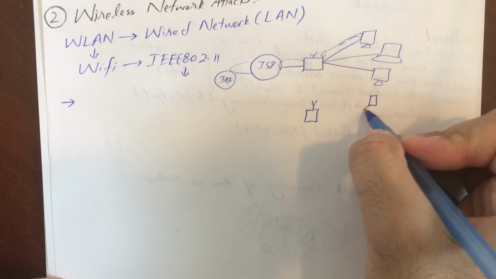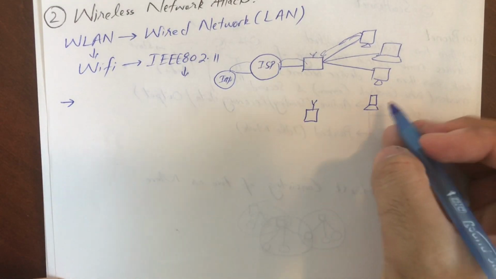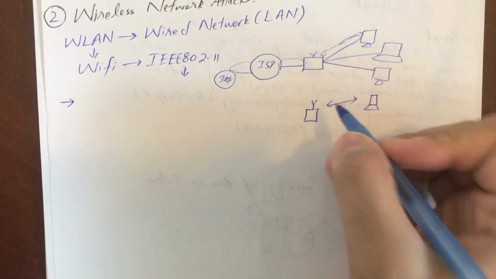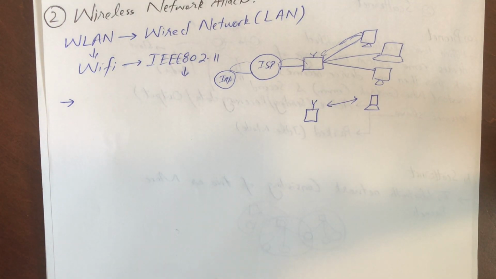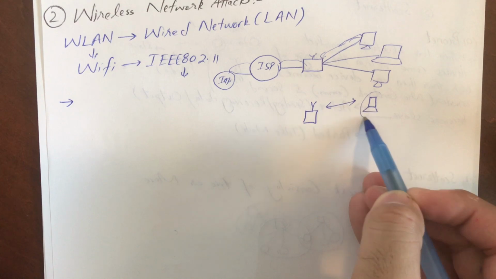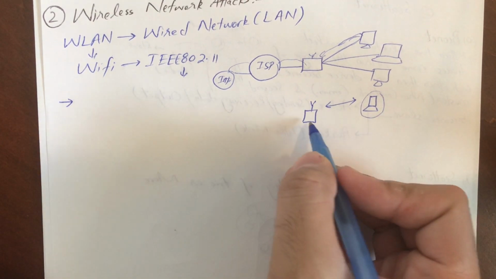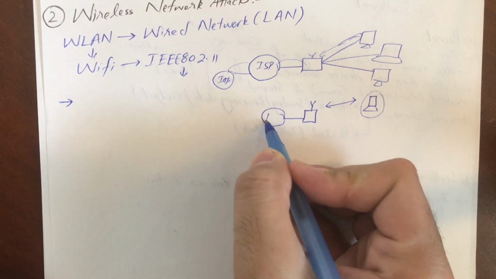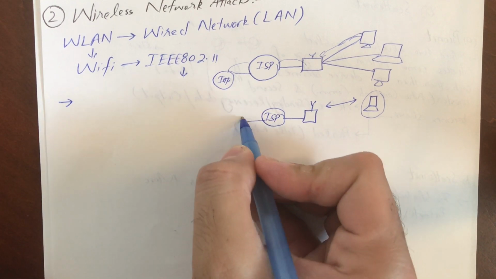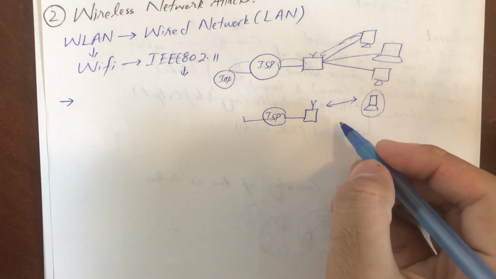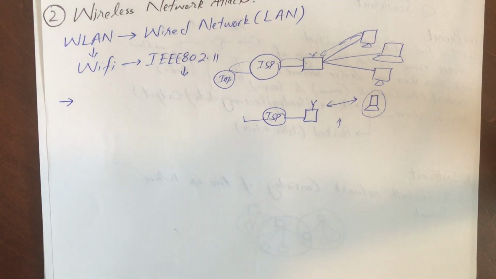Let's say this is your computer or laptop. All you have to do is have a Wi-Fi network interface card, and you can wirelessly send the data to this modem, which is again connected with the ISP. But this channel is now free. You can actually use your cell phone while laying on the bed or on the couch, which is more convenient.